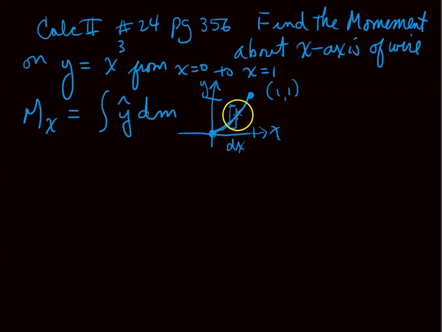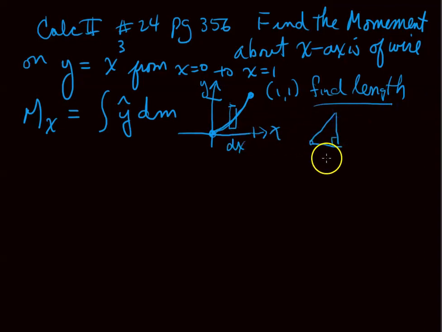So how do you find the length of this? Well, if you think of that as a right triangle, this is the dx, and this would be the dy then.